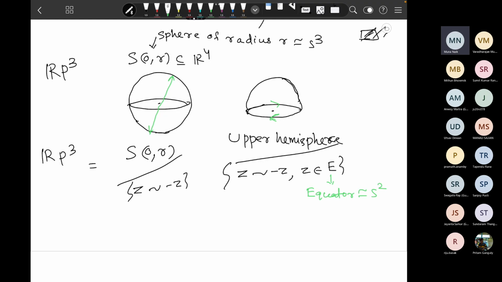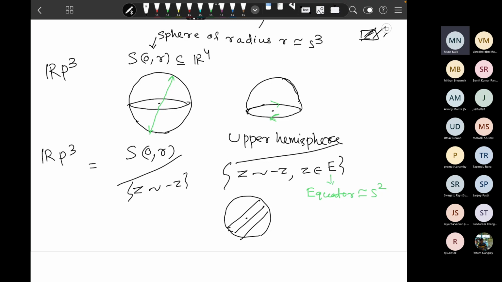Now you just flatten that upper hemisphere to a ball, and you will get another representation of RP3. You flatten that upper part to a ball, only excluding the equator.